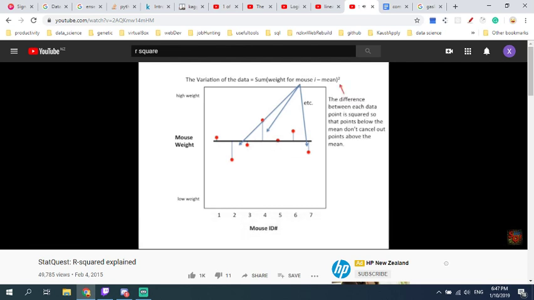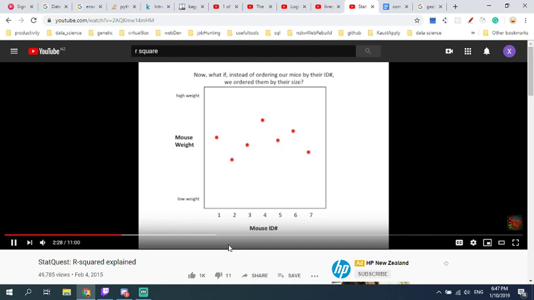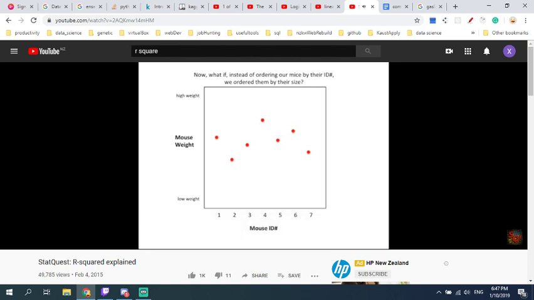The difference between each data point is squared so that the points below the mean don't cancel out the points above the mean. Now, what if instead of ordering our mice by their identification number, we ordered them by their size?